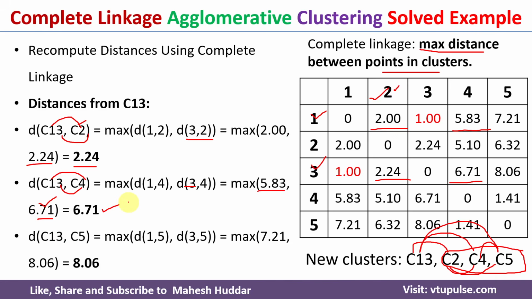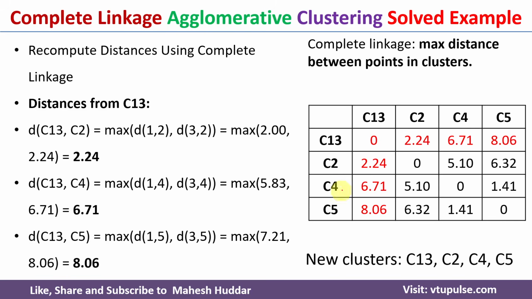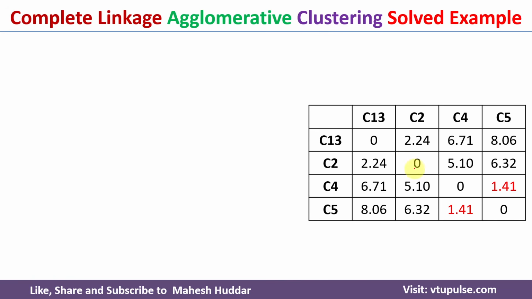Similarly, we need to find the remaining distances. Once you find all the distances, next we need to update the table with the new distances. After updating the table, we check which pair has the minimum distance. Here we can see that the clusters C4 and C5 have the minimum distance, that is equal to 1.41. So we need to merge these two clusters.